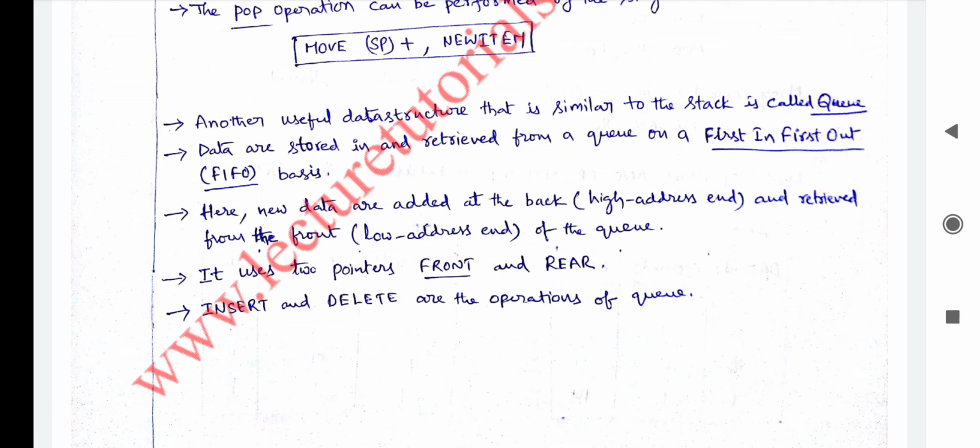The queue has both ends. It uses two pointers, front and rear. Insert and delete are the operations of the queue.